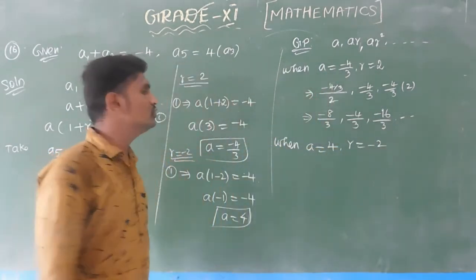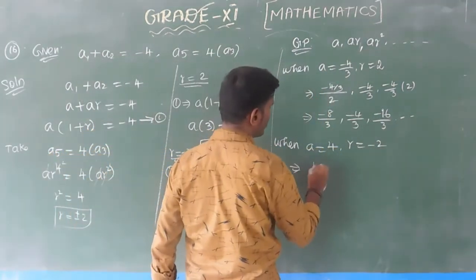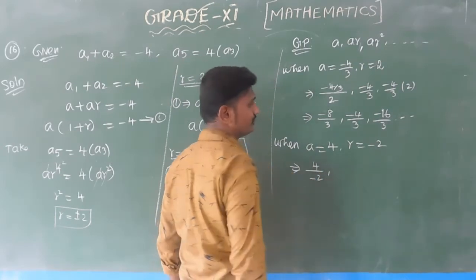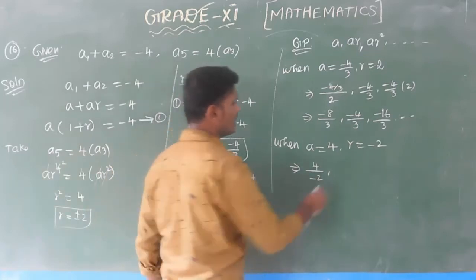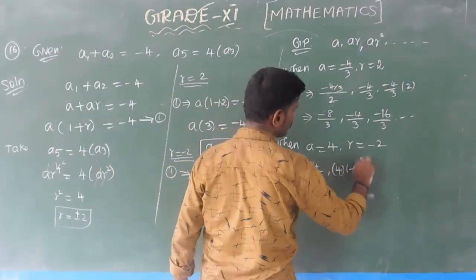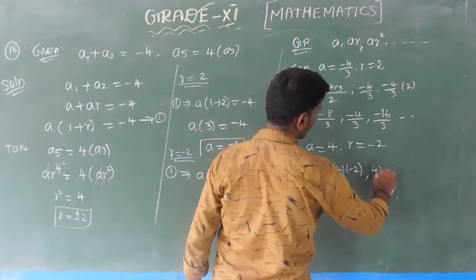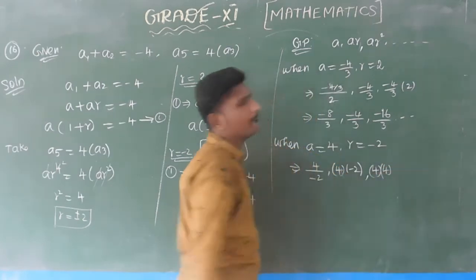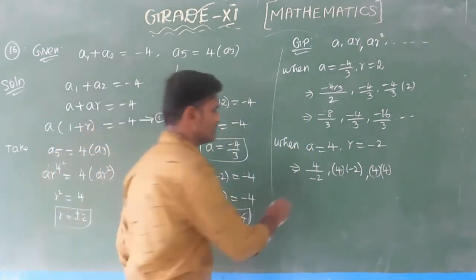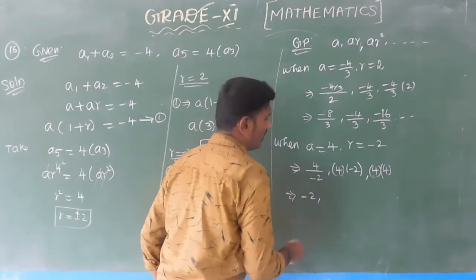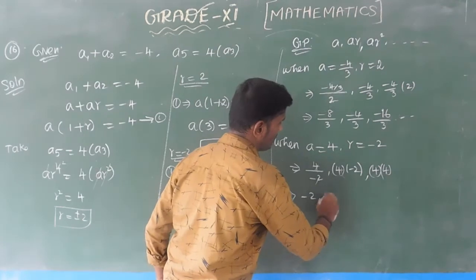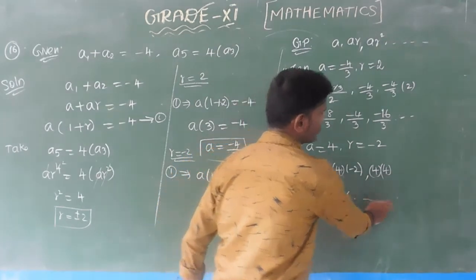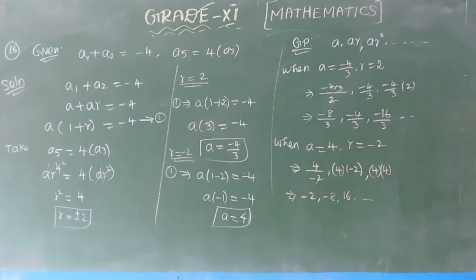Now I am going to substitute this: a by r is 4 by minus 2, comma ar is 4 into minus 2, comma ar square means 4 into minus 2 into minus 2, which is plus 4... so the answer is minus 2, comma minus 8, comma plus 16, and so on. Yes, students.